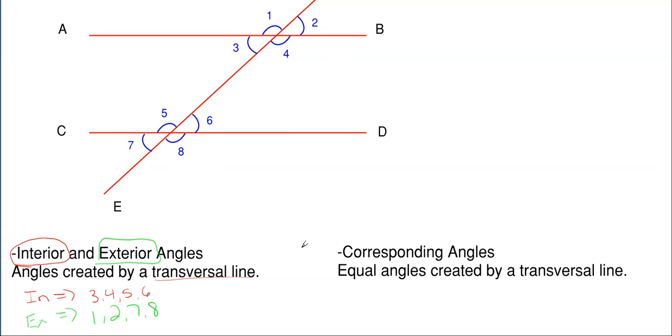Corresponding angles. This is where we start getting into what is actually going on here. Corresponding angles are equal angles created by the transversal line. There is a bunch of equal angles here. So if you look at this picture up here of AB intersected by the transversal line, doesn't it look very, very similar to this one right here?